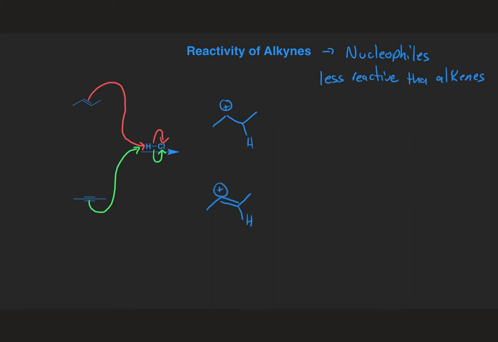This intermediate is a vinyl carbocation, and these are super unstable. And so this rate determining step is much slower than this rate determining step, which makes the addition of HCl to an alkyne much slower than the addition of HCl to an alkene.